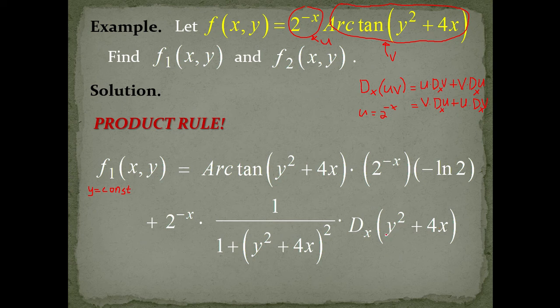The derivative of a constant is 0, so the derivative of this part is 0. Then you take the derivative of 4x, which is equal to 4. That's why in our answer this is replaced by 4. We can stop up to this one, or if you want to simplify, you can also do it.